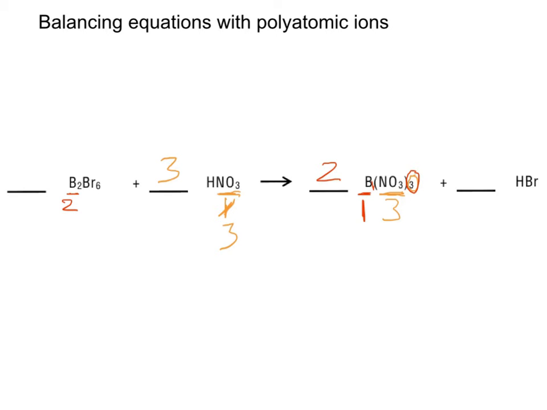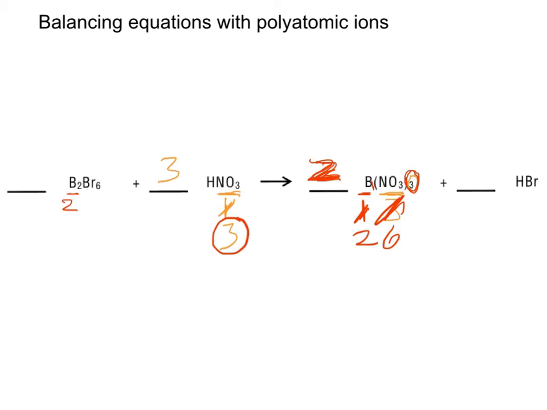Now there's a problem here. When we give that coefficient of 2 there, that changes the number of nitrates. We now have a coefficient of 2 times our subscript of 3, meaning we now have 6 nitrates, and we have the 2 borons that we wanted. The problem is that we've changed our number of nitrates.